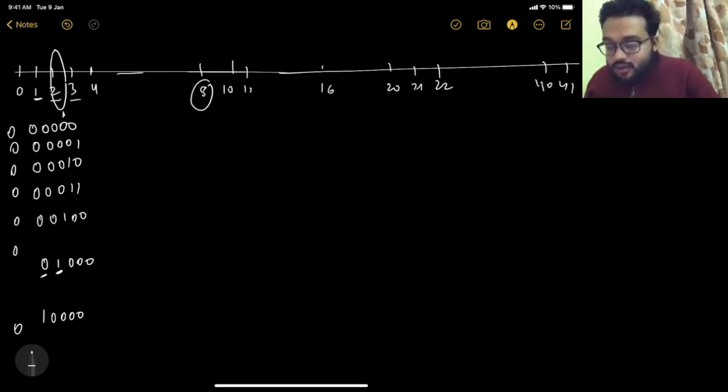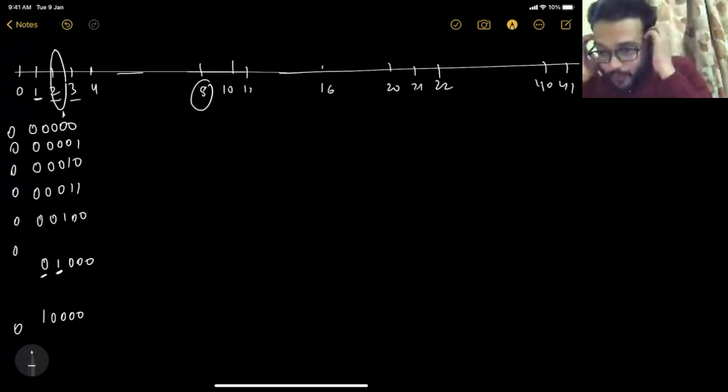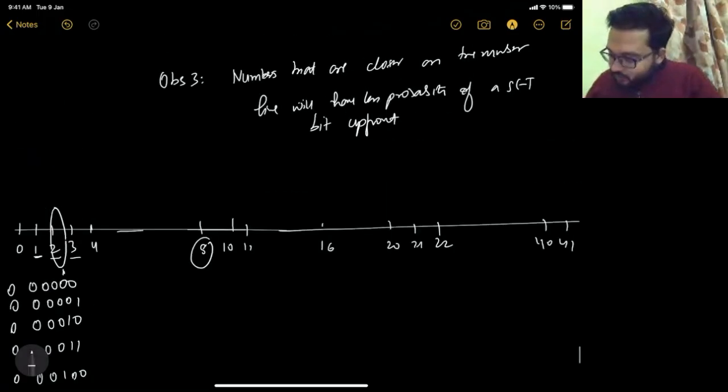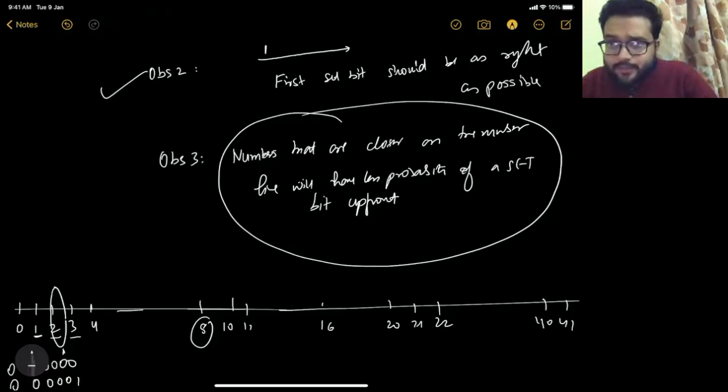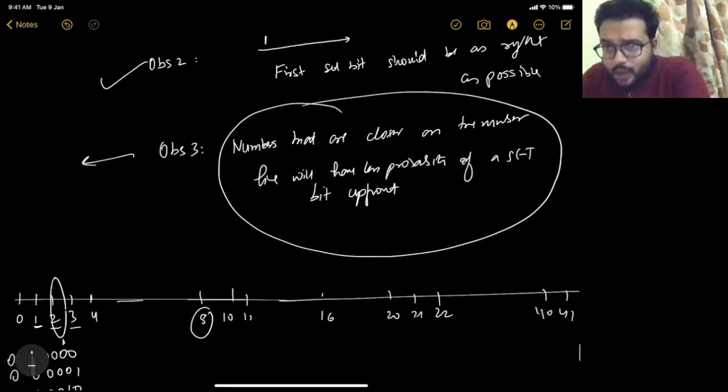Is the observation clear? I will make an even stronger claim, and then we will get to this answer very quickly. If this observation is clear, that will allow me to make an even stronger claim in just a minute. The fourth observation, and it's more of a claim, says that if you want to minimize the XOR of A comma B, A and B should be consecutive in your array.